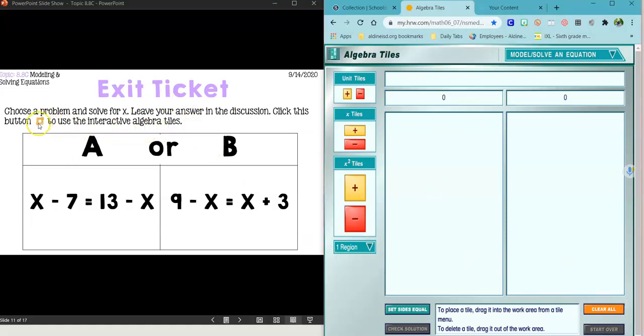If you click this button in the discussion, guys, it'll open up this interactive board that I've been using, so you can move the tiles and solve that way. In the discussion, if you choose A, then you put A and then x equals whatever solution you get. Same thing if you choose B, then you put B and then x equals your solution. Okay, and then make sure you submit it.